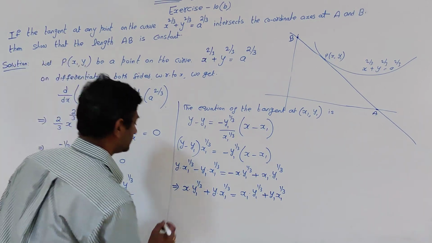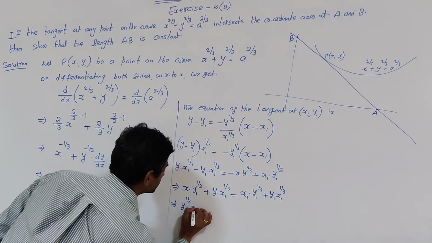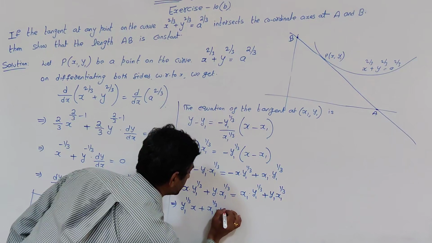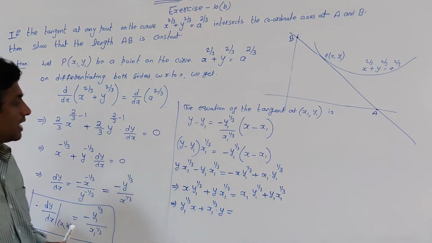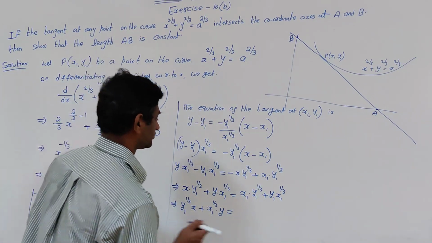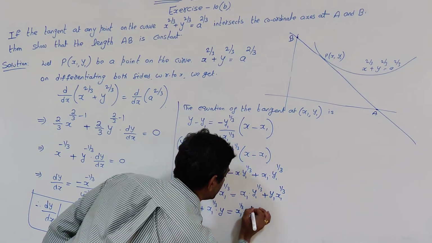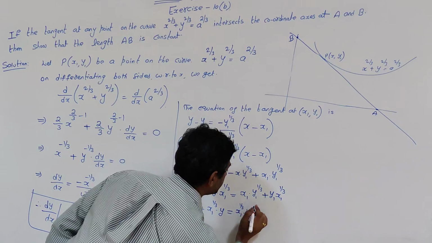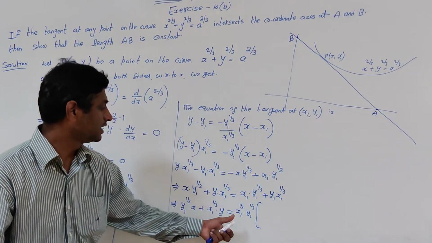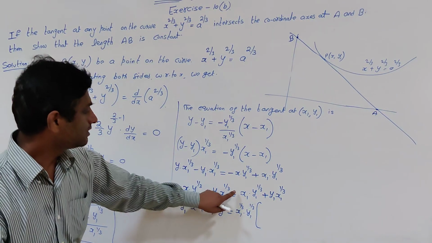In what way? We'll see. y1 to the power of 1 by 3 x plus x1 to the power of 1 by 3 times y is equal to, now in this what is common? Let us take x1 to the power of 1 by 3 into y1 to the power of 1 by 3 as common. If from these two terms I take x1 to the power of 1 by 3 into y1 to the power of 1 by 3 as common, then what terms will be left over?